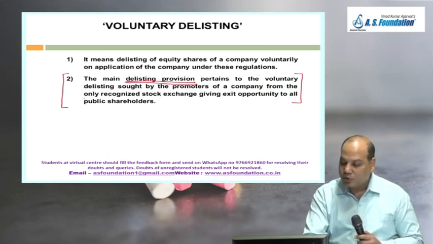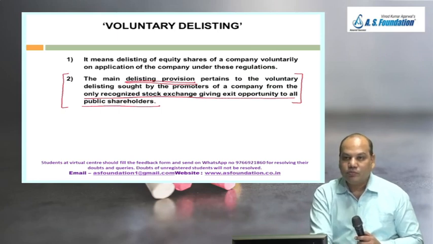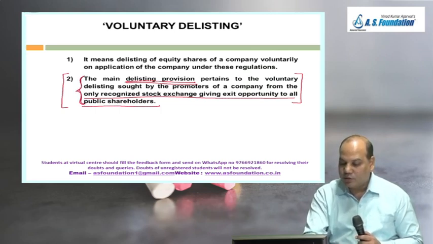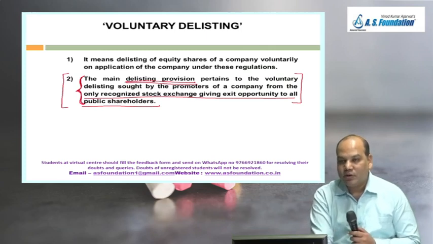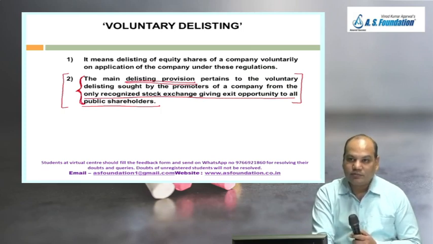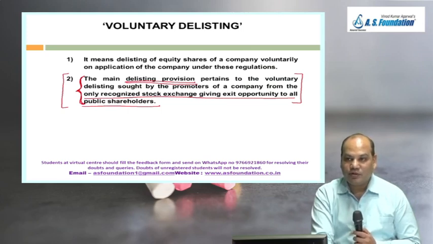The idea is to protect the interest of the public shareholders, non-promoter groups. So then SEBI will give guidance on how to settle these non-promoter group shareholders, because then they will be in a fix. I invested in a company share. It was listed.